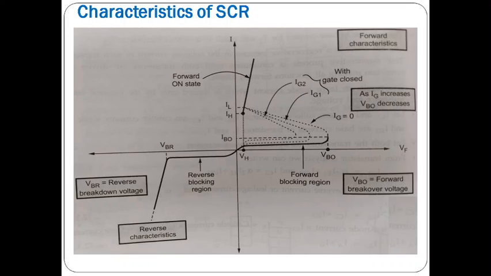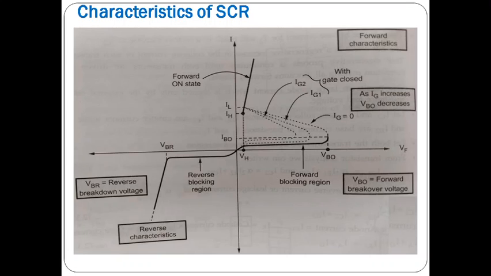The second case, when we apply bias to the gate, that means IG current increases in the gate terminal, the breakover voltage decreases and it starts the conduction in the SCR.